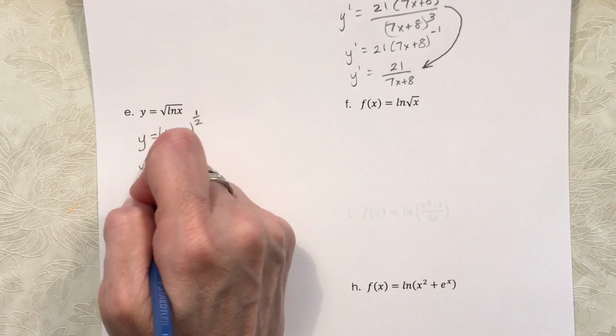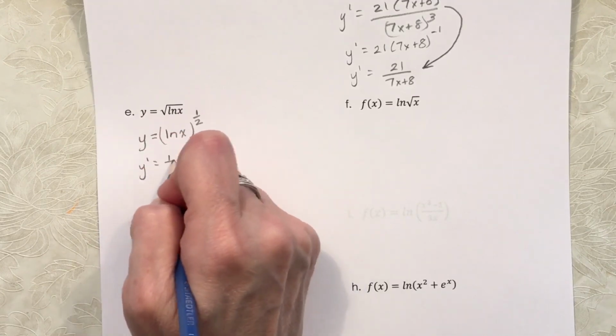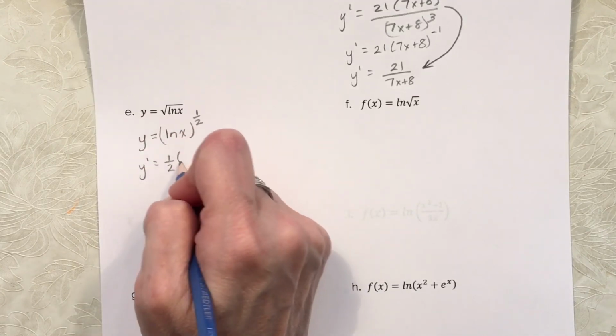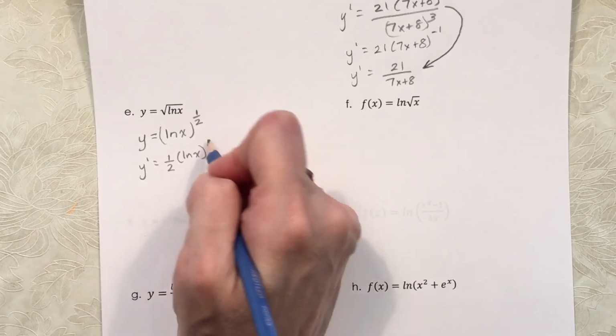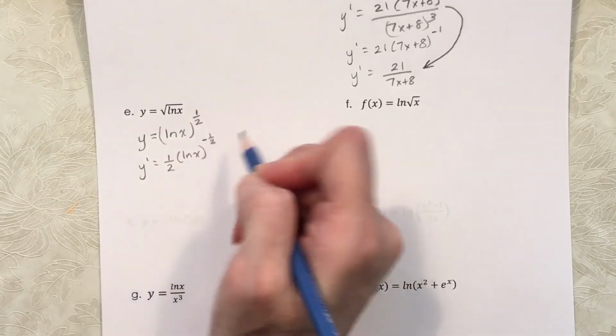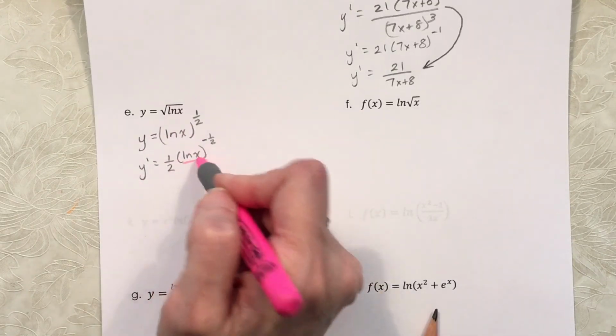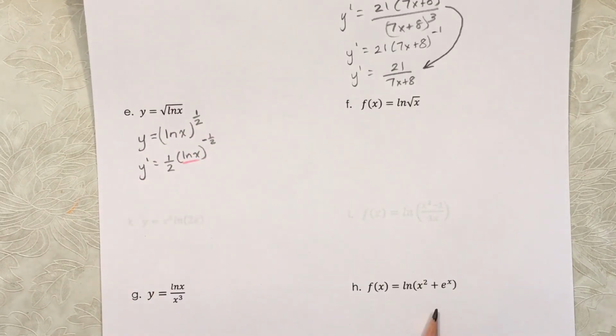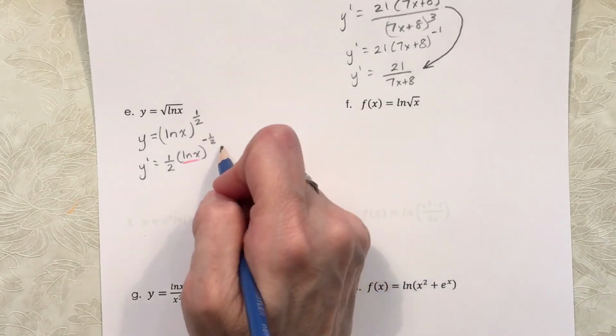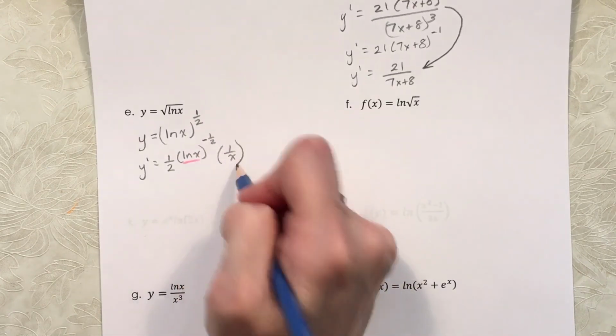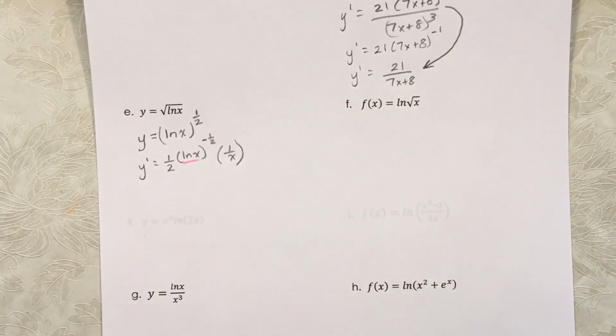So y prime is going to be 1/2 times, it doesn't matter what's in the brackets, the ln of x to the negative 1/2. And then we've got to multiply that using the chain rule by the derivative of what's inside. So the derivative of the ln of x is 1 over x. And then how do we write that out nicely?